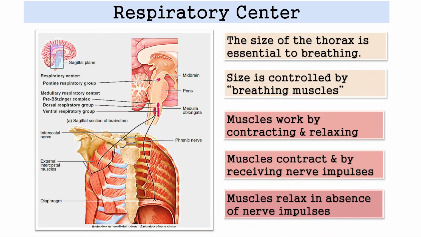We talked about that earlier a little bit. The size of the thorax is essential for breathing. Size is controlled by breathing muscles, right? And so muscles work to contract the diaphragm and also to pull the rib cage down and out to allow for breathing.